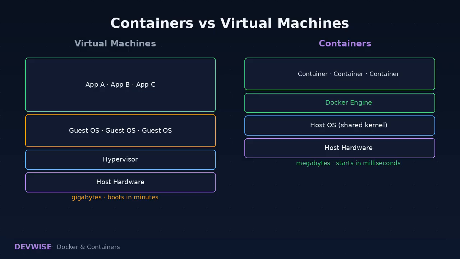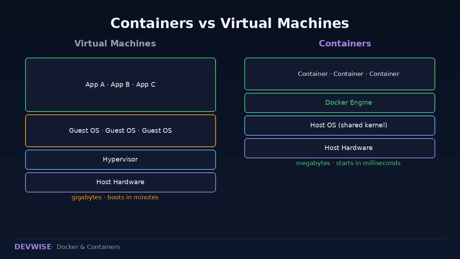So 3 apps means 3 full operating systems, running simultaneously, each 1 gigabyte in size and taking minutes to boot. VMs are strongly isolated and genuinely useful, but they are heavy in every dimension: disk, memory, and startup time.